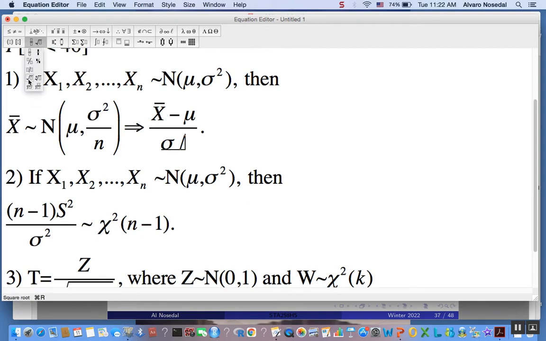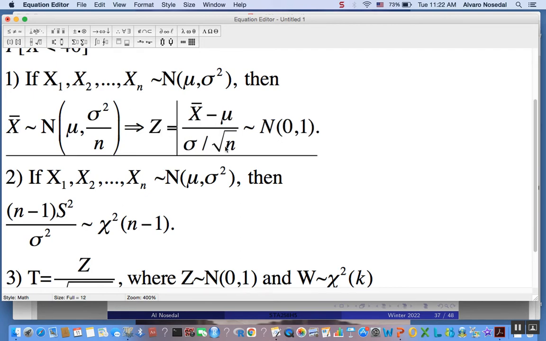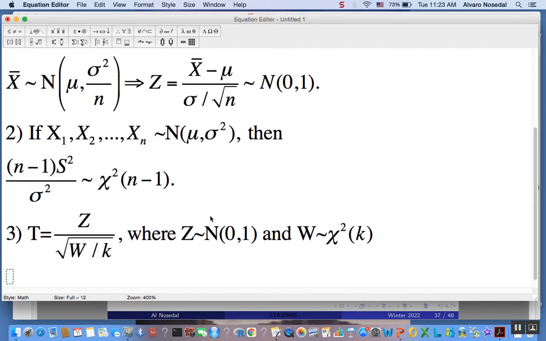Because when you standardize, you don't divide by the variance, you divide by the standard deviation. So the square root of the variance is this. Now this has a normal 0, 1 distribution, so let me call it Z. That's a normal 0, 1. Now, we need a chi-square for the distribution of a T distribution.